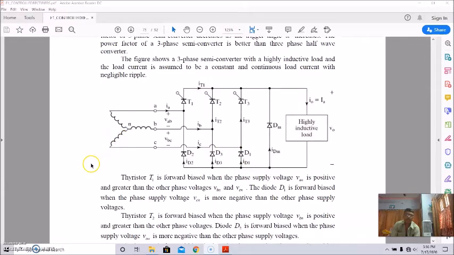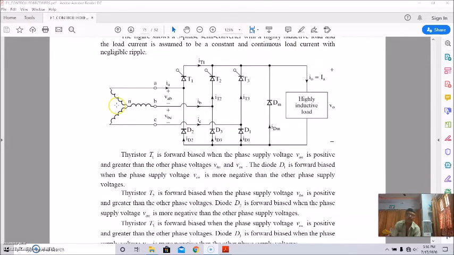Thyristor T2 is forward biased when phase supply voltage VBN is positive and greater than the other phase voltages, and diode D2 is forward biased when the phase supply voltage VAN is more negative than the other phase supply voltages. So the path will be like this.